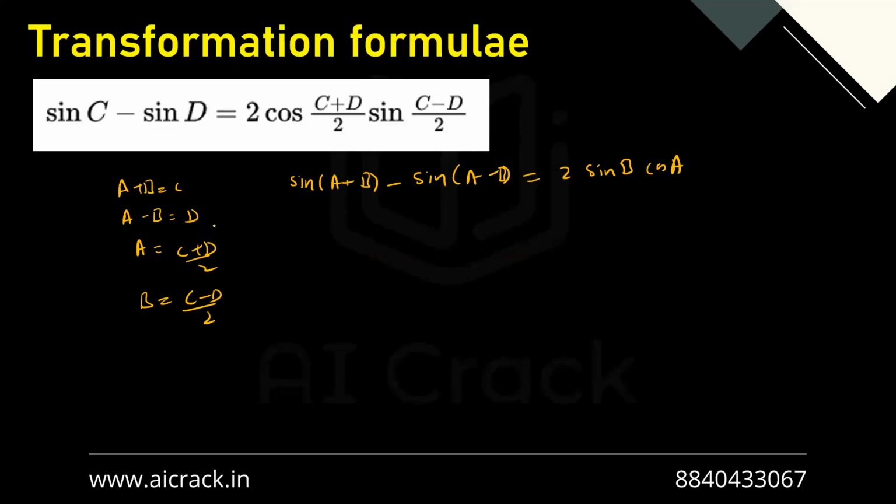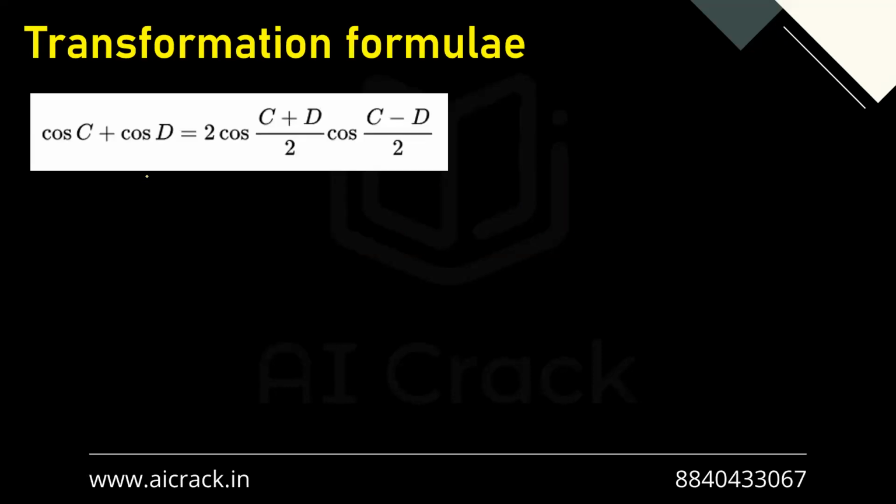This was our basic setup, and now we have to replace these terms with this. So we have sine C minus sine D equals 2 sine B, that is 2 sine of (C minus D by 2) dot cos of A, that is (C plus D by 2). Same formula, right?